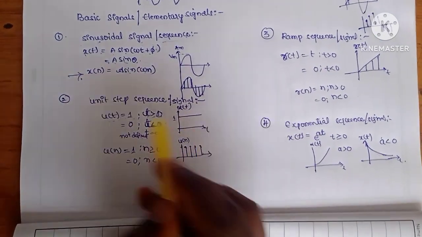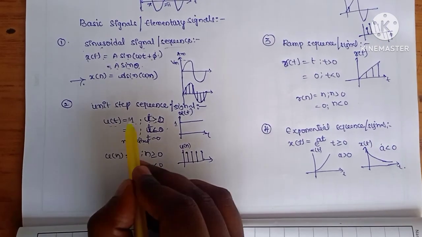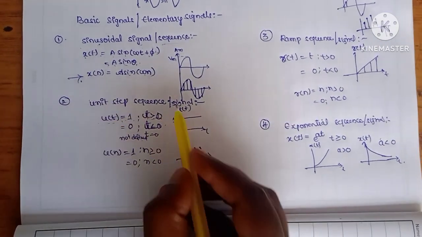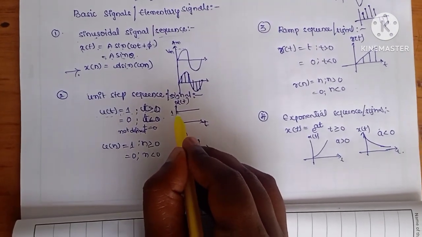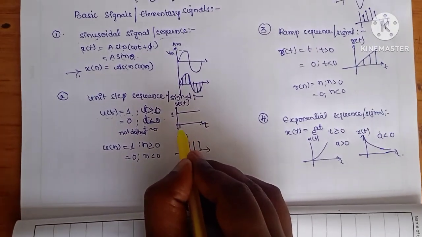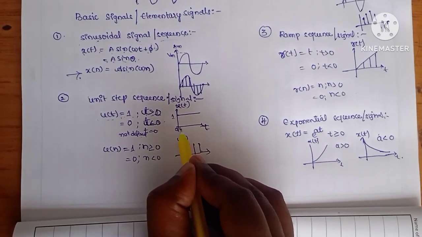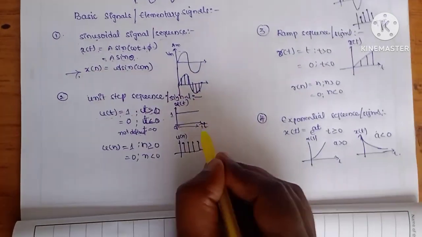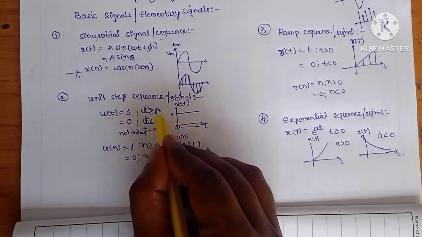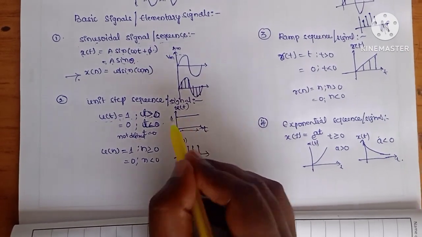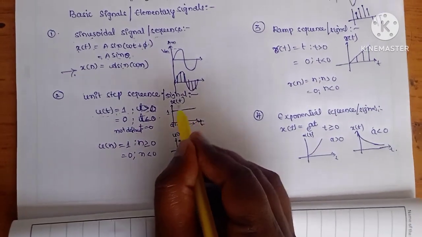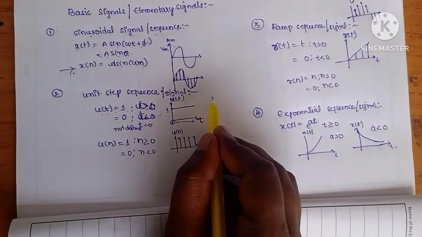If we consider this as 0, from 1 it will start for t greater than 0, up to infinity. So this is the unit step signal.